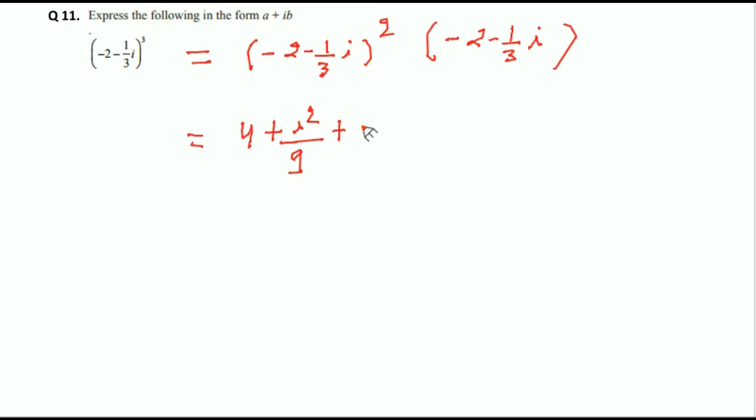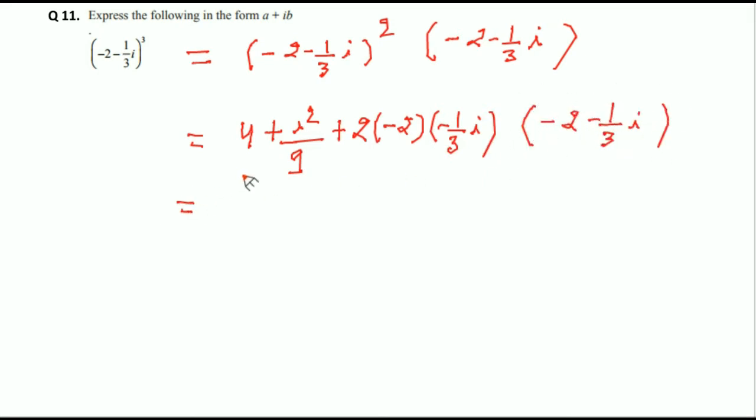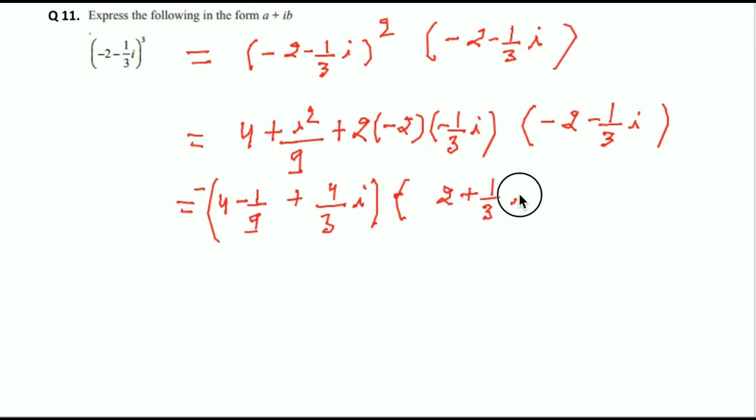So plus 2, a is minus 2, b is minus 1 by 3 iota. So here 4 minus 1 by 9, because iota square equals minus 1, and here minus minus will be plus, 2 into 2 is 4, so plus 4 by 3 iota. If you take minus common outside, this will become 2 plus 1 by 3 iota.